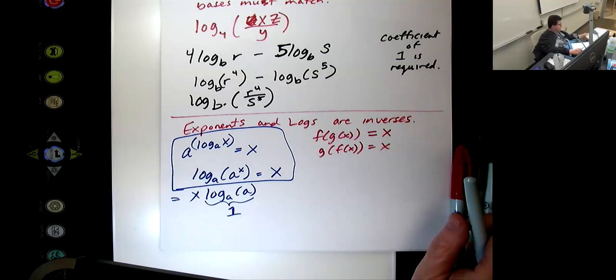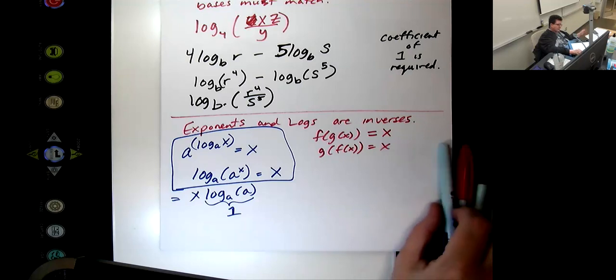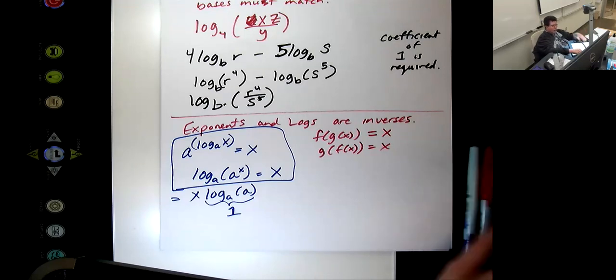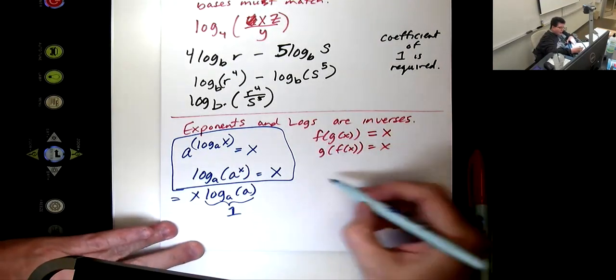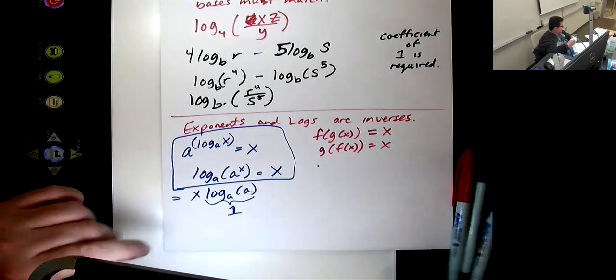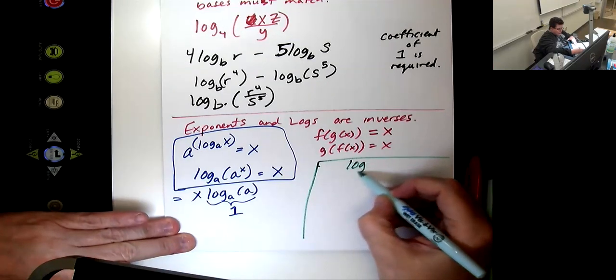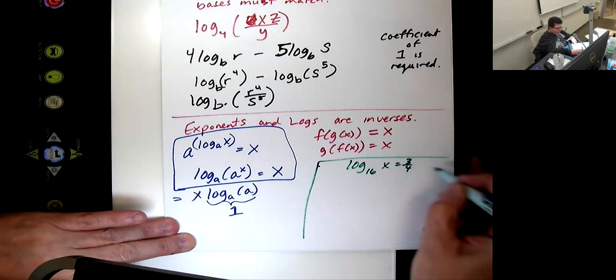How might you use this? I'm going to go back and put up the problem we already had. Recall we did earlier log base 16 of x, and we found out this meant x equals 8.